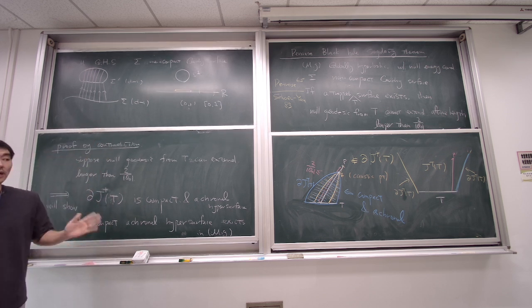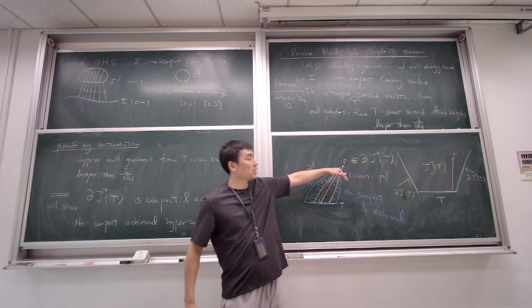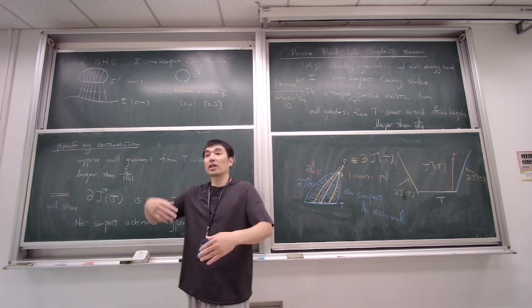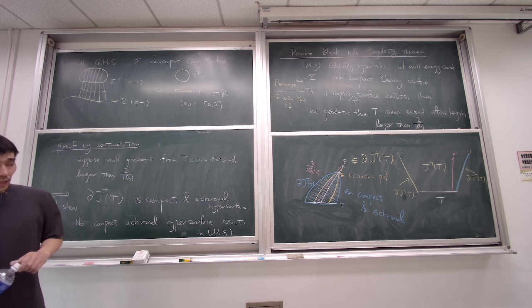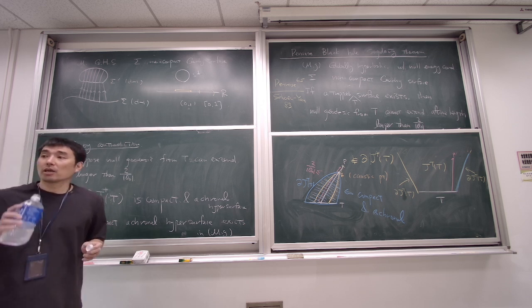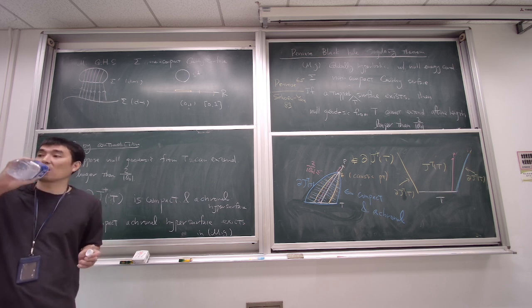So therefore, you can prove that you cannot extend the null geodesic with affine length longer than 2 over theta 0.